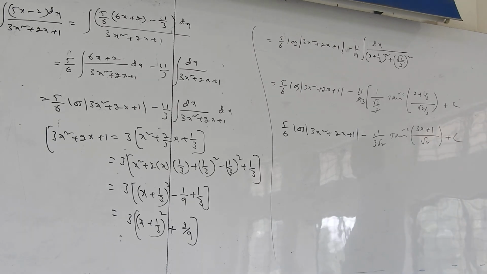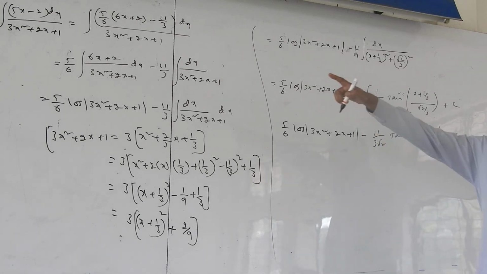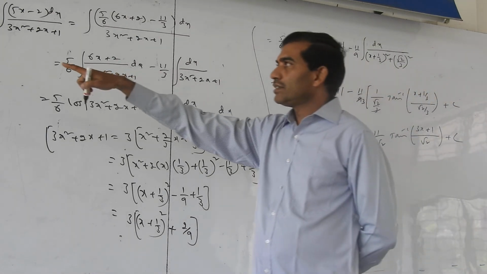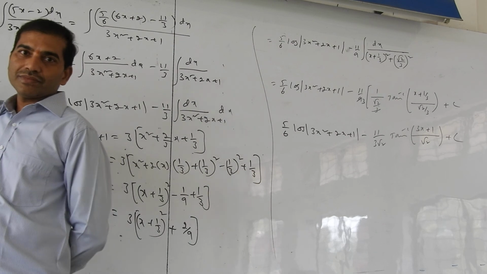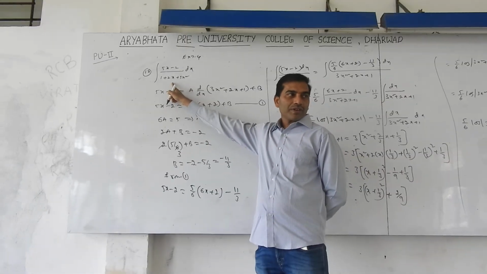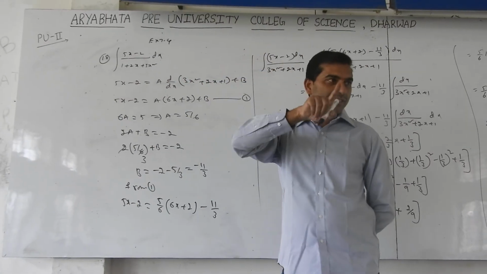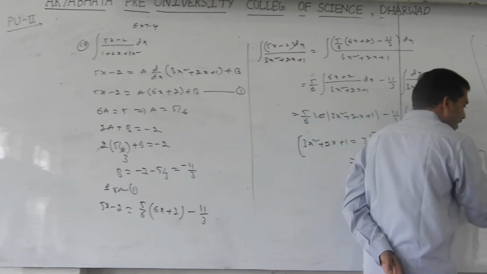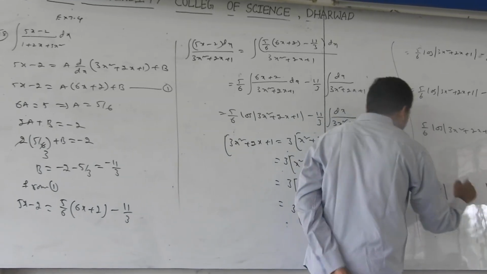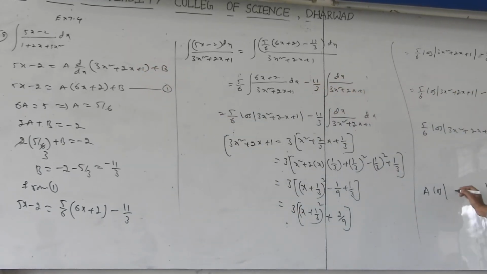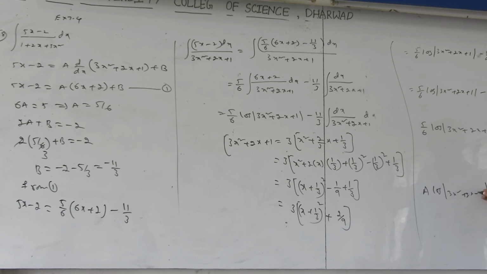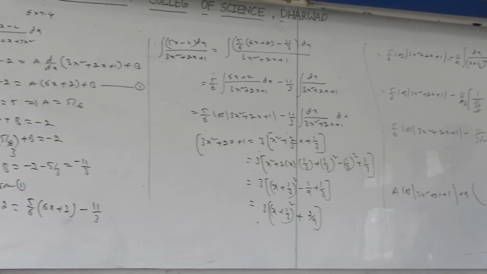You see, if it comes in a competitive exam, how can we identify? That is a question. They will give options. For this type of problem, the answer is always a into log of the denominator, that is 3x square plus 2x plus 1, plus b into something else; this is the difference.